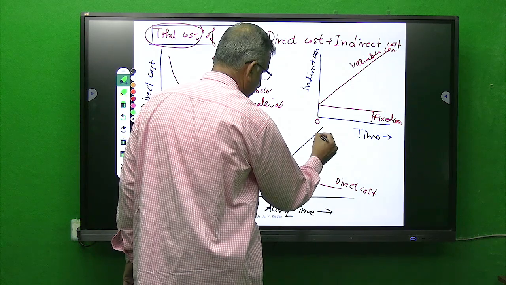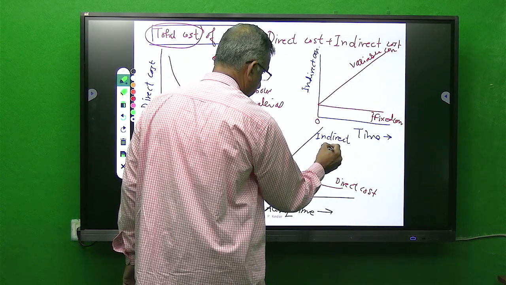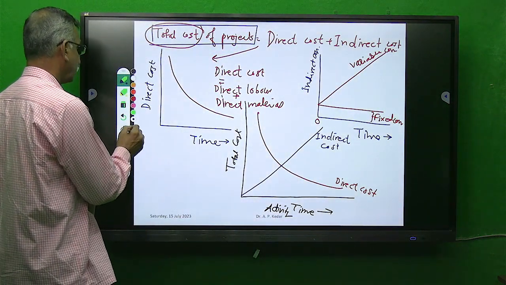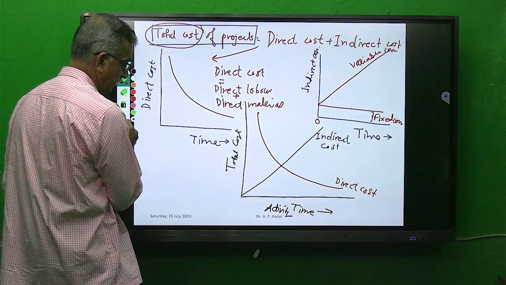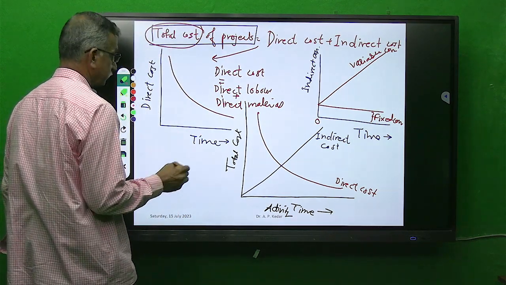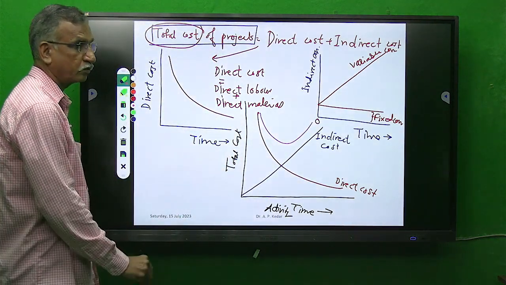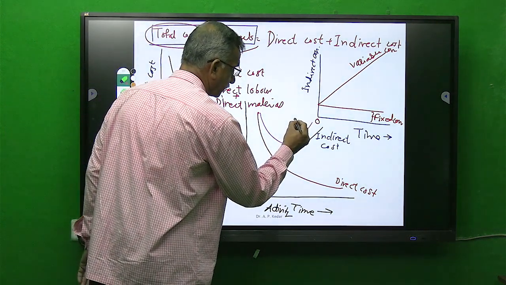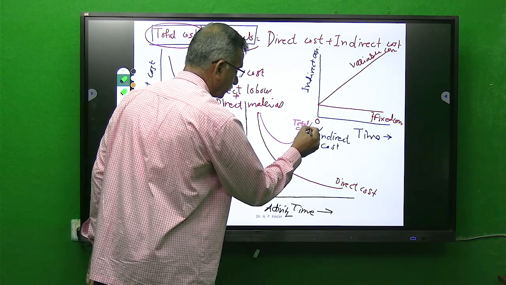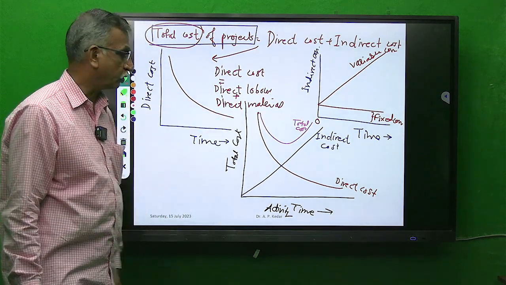This is nothing but indirect cost. Two components. Now students, our interest here is to get this curve, which is total cost, the addition of direct and indirect total cost.